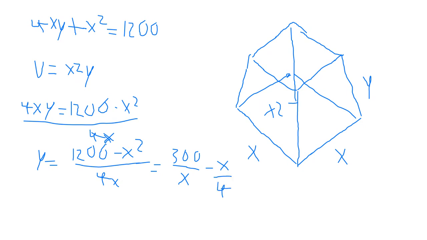Now we go back to the volume formula and substitute. V equals x squared y, and our y is 300 over x minus x over 4.